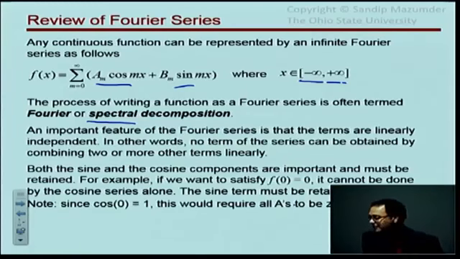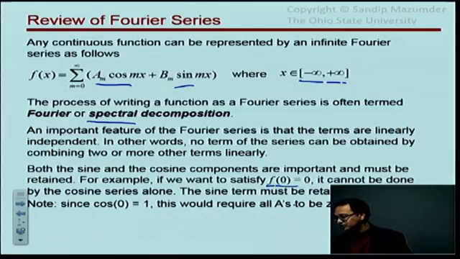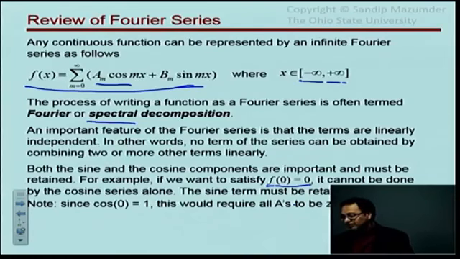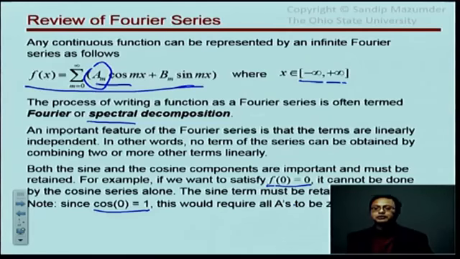For example, if I wanted to satisfy f(0) = 0 using this Fourier series, and I did not keep the sine terms, then it won't even work, because cosine of 0 is 1, which means all of the a_m must go to 0 in order to satisfy f(0). That would give you a trivial solution. So you can't even have a function if all of the a_m go away. Therefore, in such a case, you have to retain the sine terms.